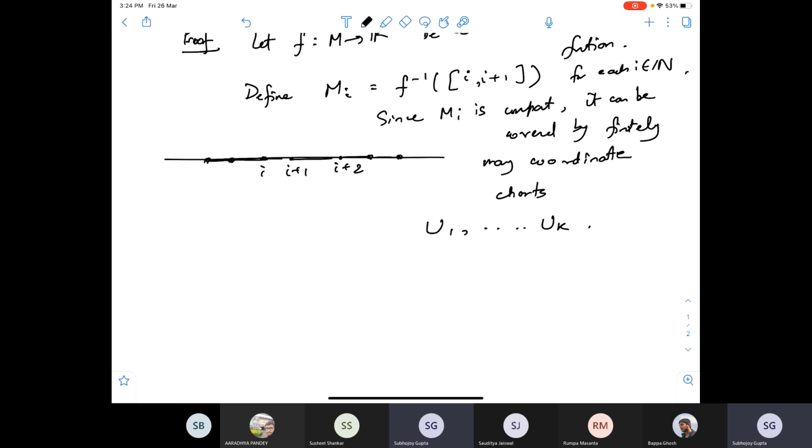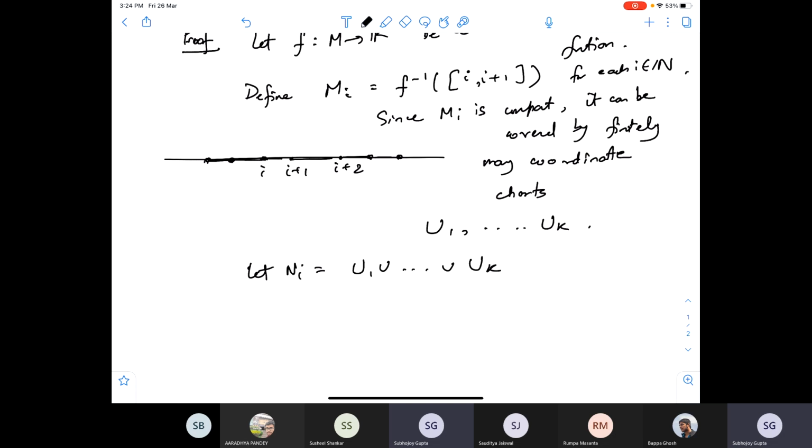But we can just thicken it a bit. So we can choose some slightly larger open set containing these mi. First of all, we take the union of these finitely many coordinate charts, and this might be too big.